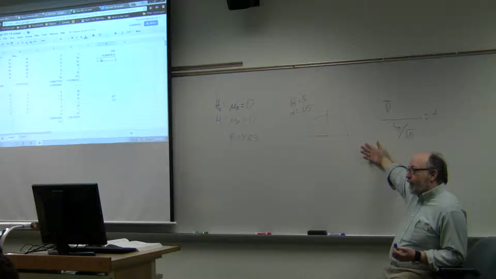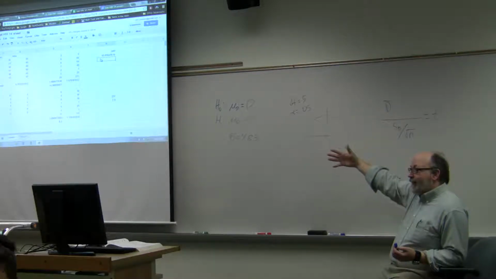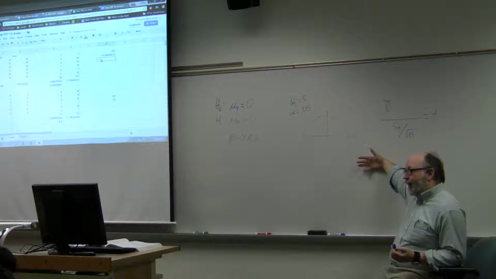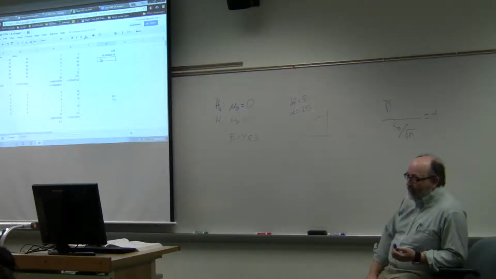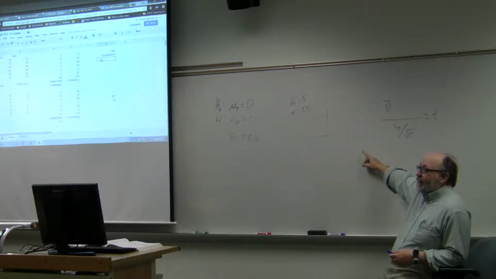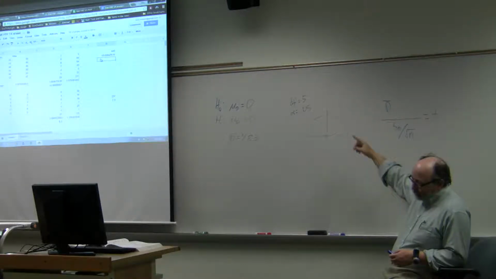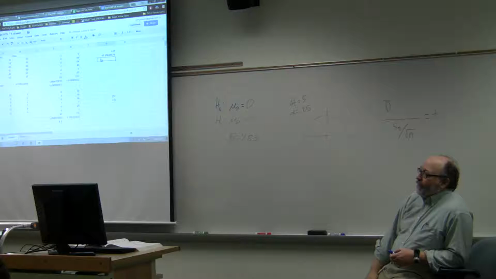Hopefully you'll be able to type in equals STDEV, parenthesis, put your data in there, and get the number directly. You don't need to do it by hand. You need to understand hypothesis testing. That's what we're about. Certainly, a few weeks ago, you had a test on which you were supposed to do the standard deviation, so that knowledge is located somewhere in your cerebral cortex. However, it doesn't matter right now, because the important thing is, can you do hypothesis testing? Hopefully that clears up a little bit.